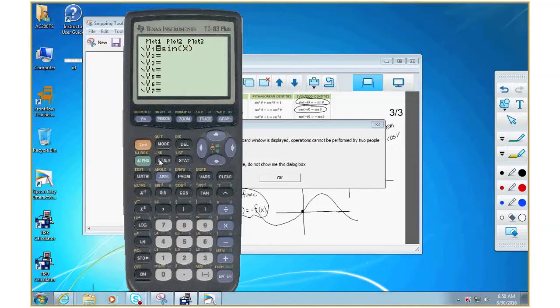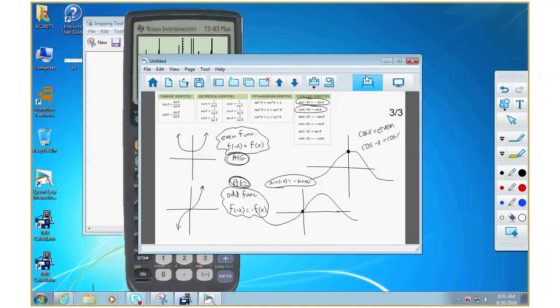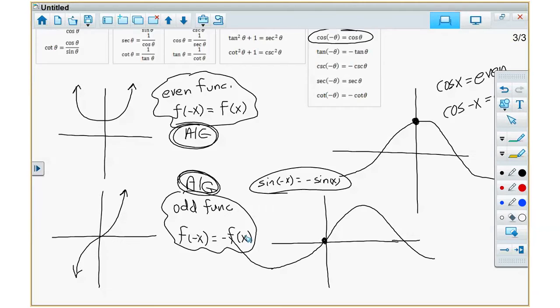Y is equal to tan. I can't find the tangent. There it is. Of x. It's symmetrical around the what? So I bet if we apply that same rule around the origin, that would be tangent of negative x is equal to negative tangent of x.